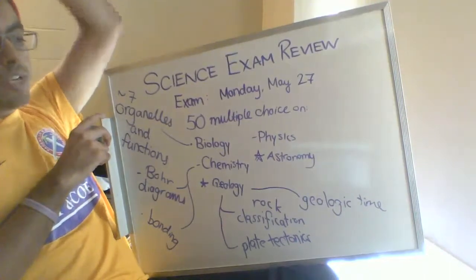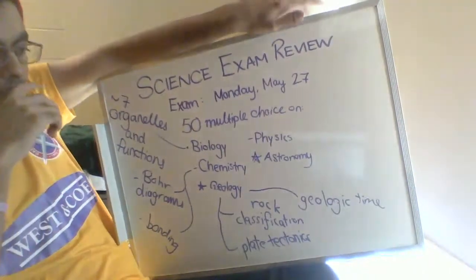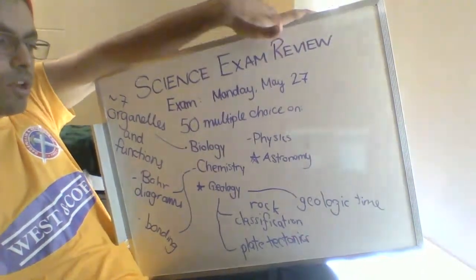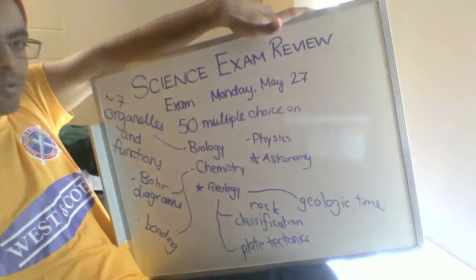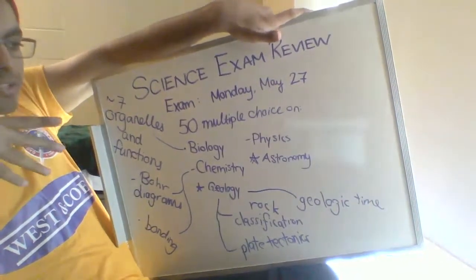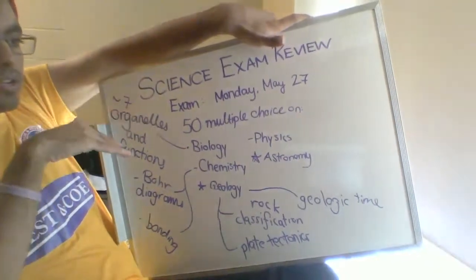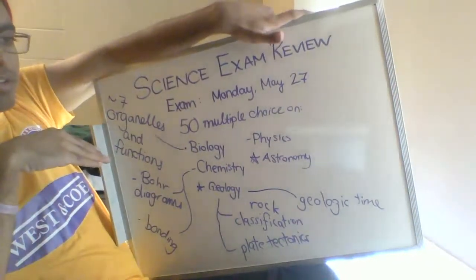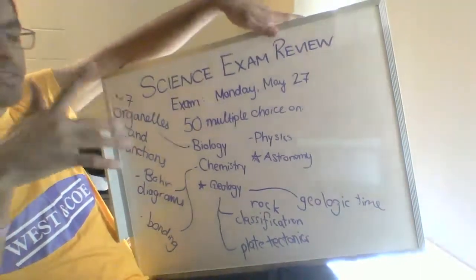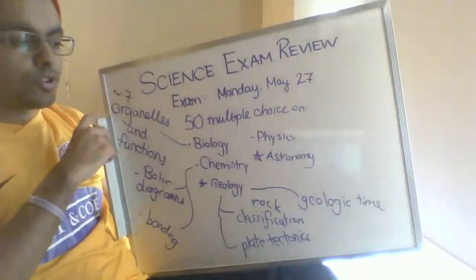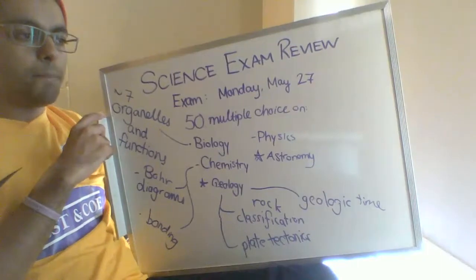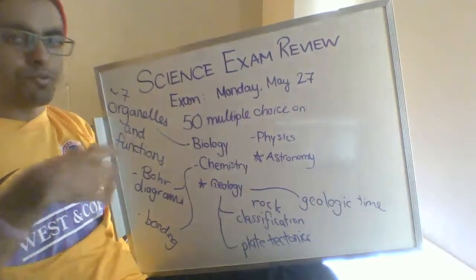So you should understand how all of those things work together. If I ask you which is longer, or if I give you a question saying which of these is the longest period of geologic time, and I give you era, eon, age, and I don't know, period, something like that, then you should be able to figure out which one is the longest, which one is the shortest.